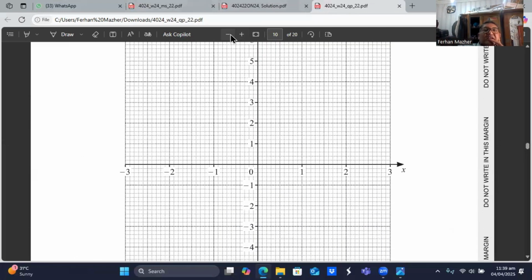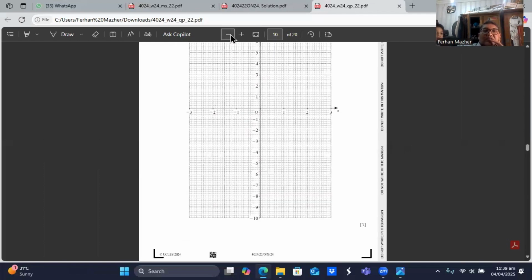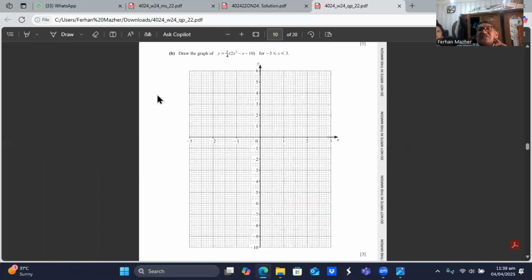Let me reduce the size so you can see the whole question. So this is the grid, and we have to plot those points.